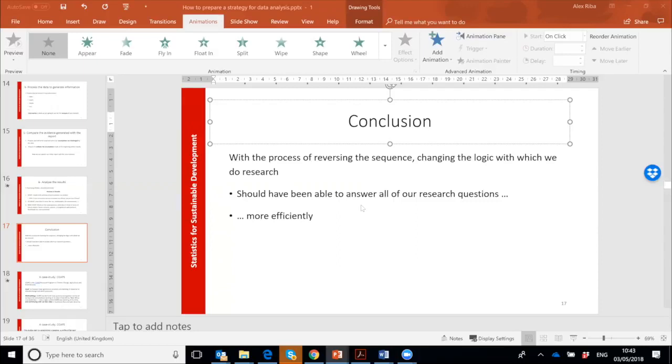But this is a crucial question, and we are going to discuss a little bit of this on the case study now, as soon as we finish this discussion.